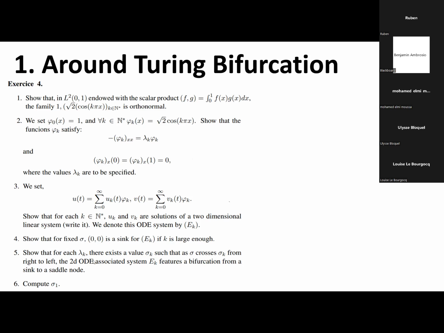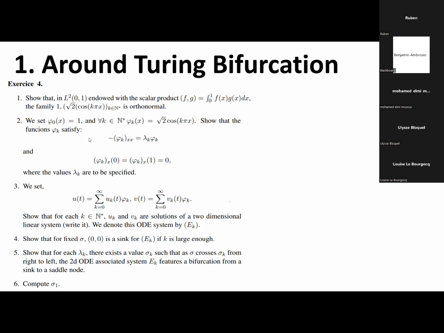So the next question is now to show that when I vary sigma, my parameter, there exists a value such that for the Ek, 0, 0 goes from a sink to a saddle node.